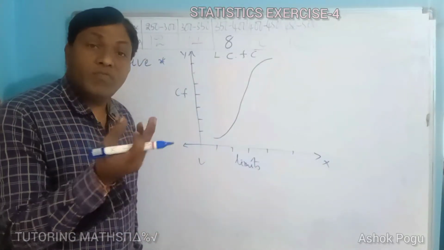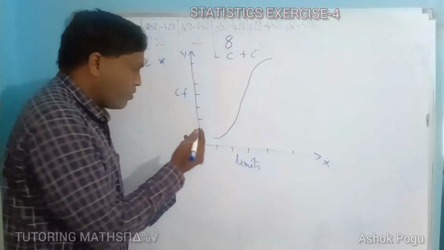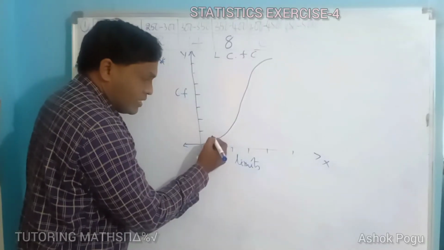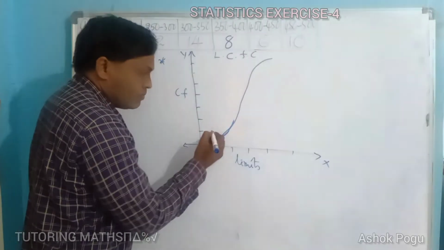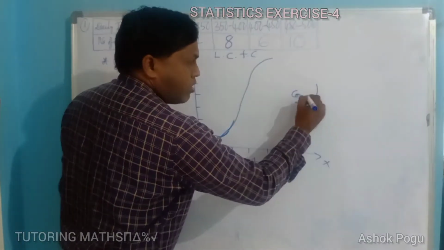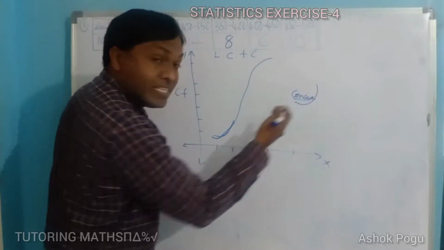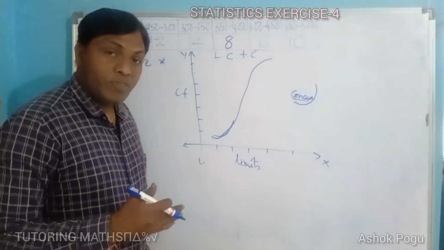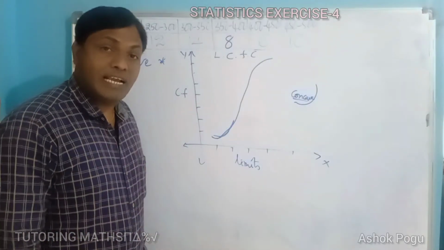In the ogive curve we have two shapes. What do we call this shape? This shape is called concave shape. You may have heard this word in your physics classes.